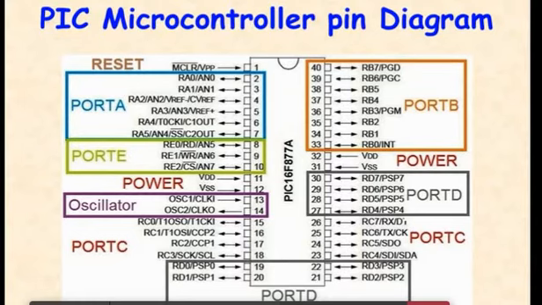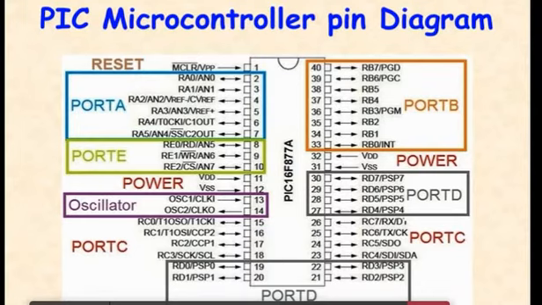The PIC controller is a reduced instruction set controller. Only 34 instructions are there for PIC, and those are assembly language instructions. Any microcontroller, 8051, PIC or AVR, operates only on assembly language.